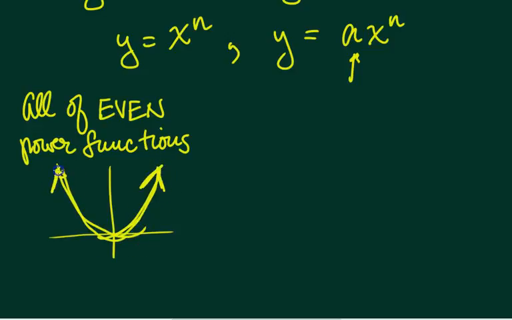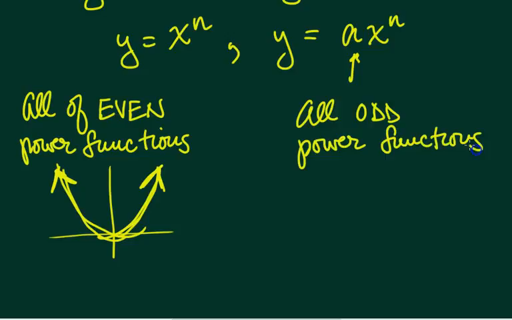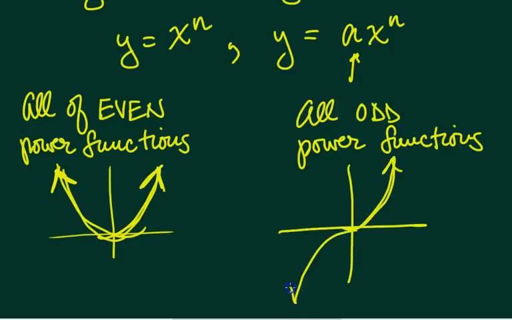And the important thing is, as long as there isn't a negative coefficient in front of it, it goes up on both the left and the right. All of the odd power functions look more or less like x to the third. They have this nice curve there at the origin.